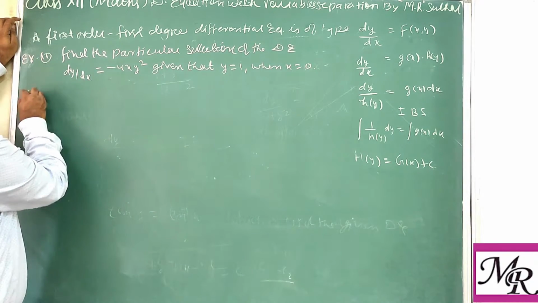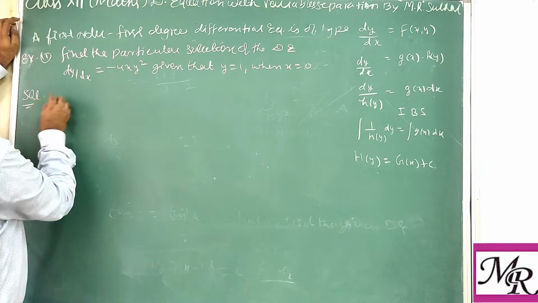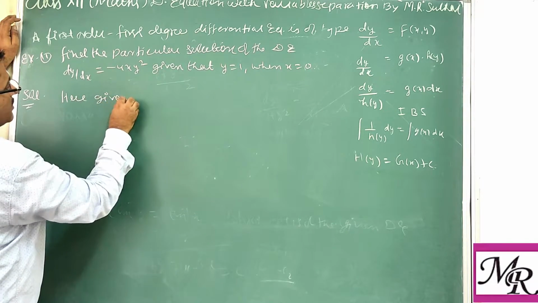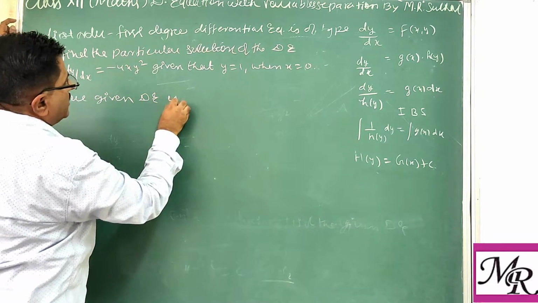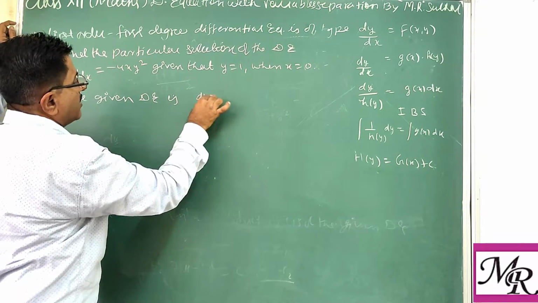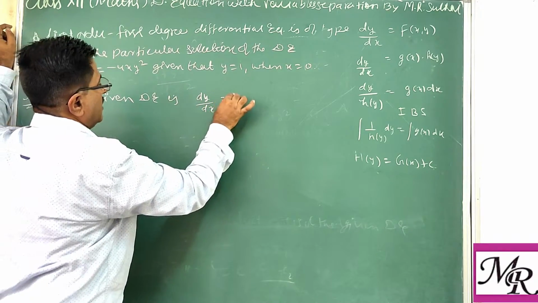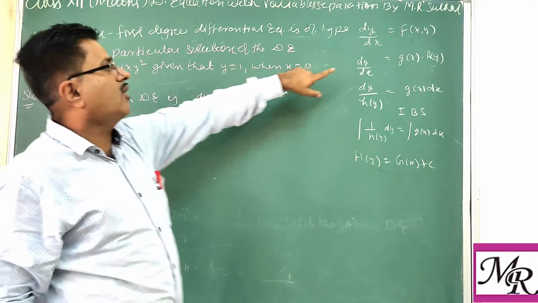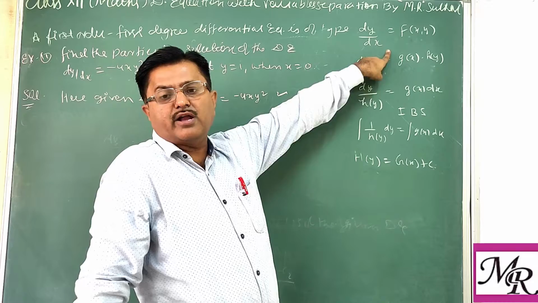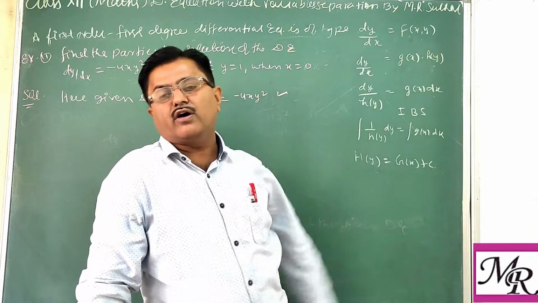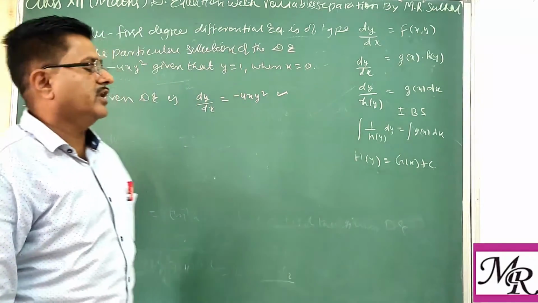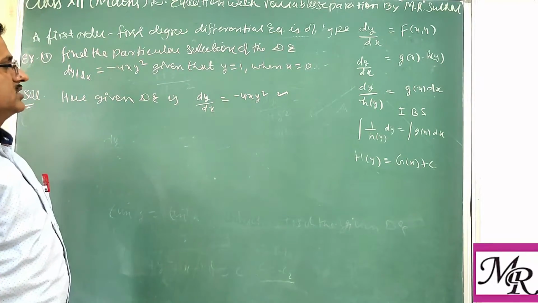So in the solution, first we find the general solution. Here the given differential equation is dy by dx equal to minus 4xy square. This is also in the form dy by dx equal to f of x into g of y, a first order, first degree differential equation.